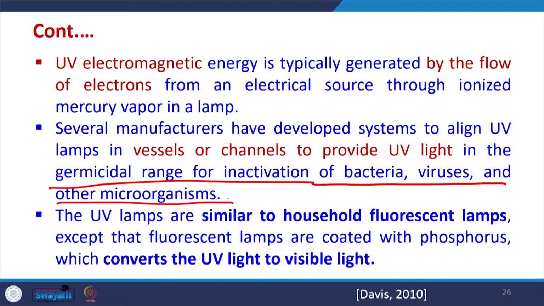The UV lamps are very similar to household fluorescent lamps that we use, except that fluorescent lamps are coated with phosphorus which converts the UV light to visible light, but here they are not converting anything. So, we can use these lamps.